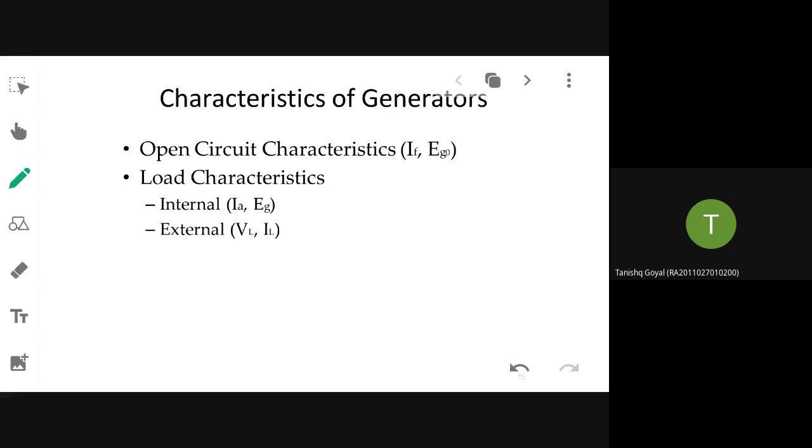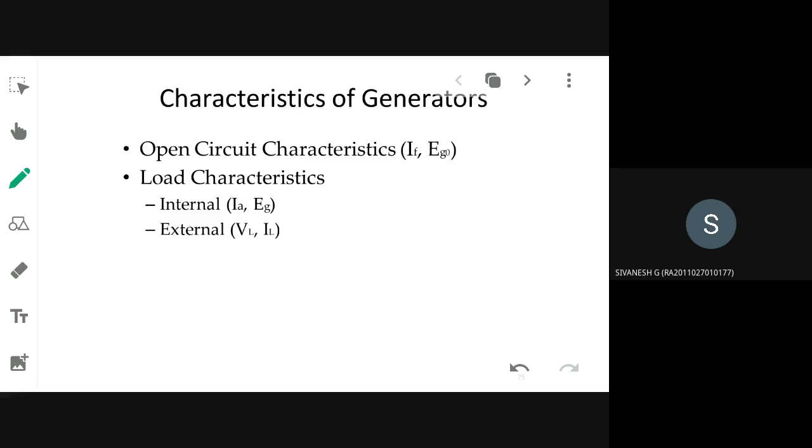Just refresh the things now. Torque, speed and armature current.